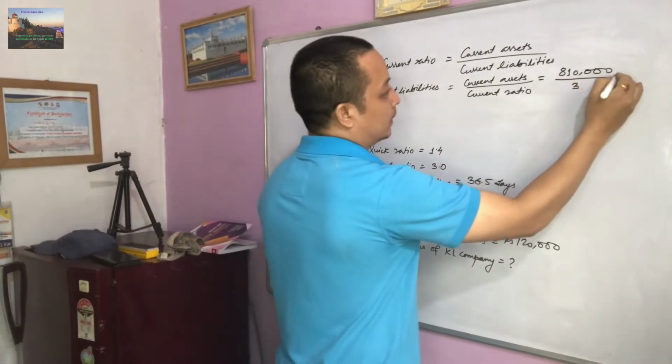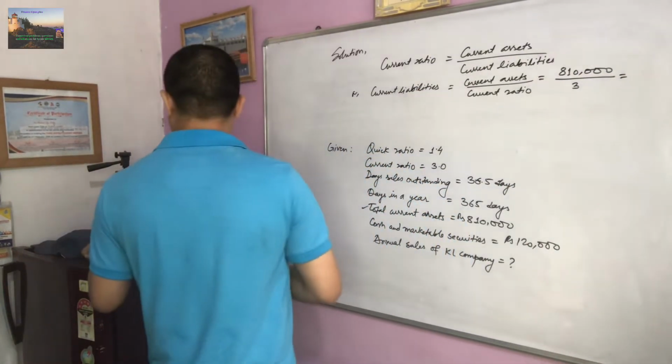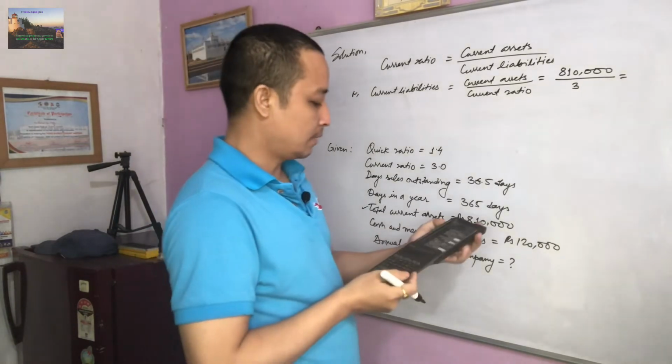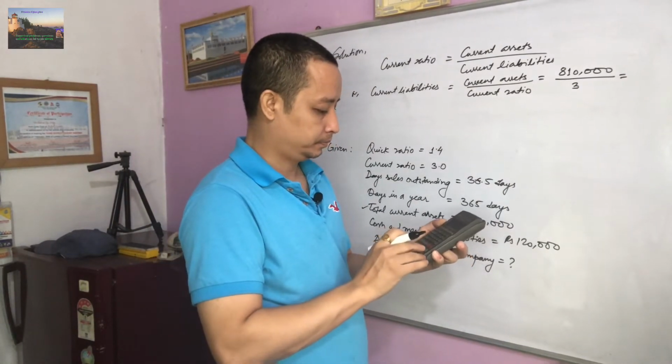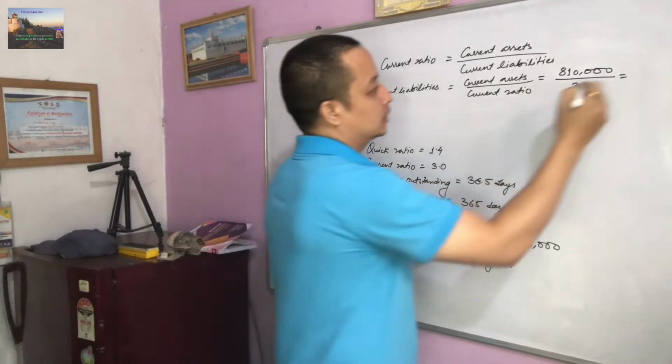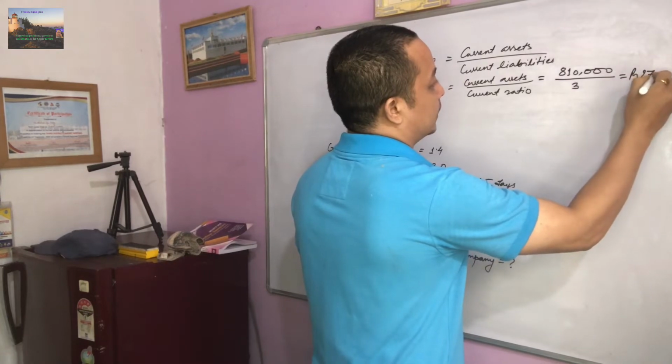So now you can find the value of current liabilities. It is rupees 2,70,000.